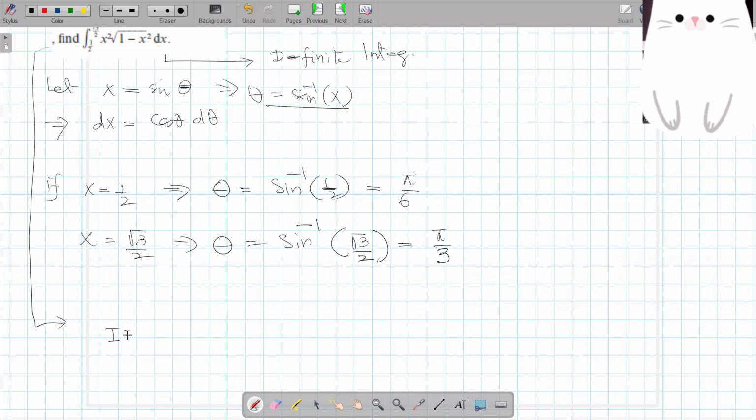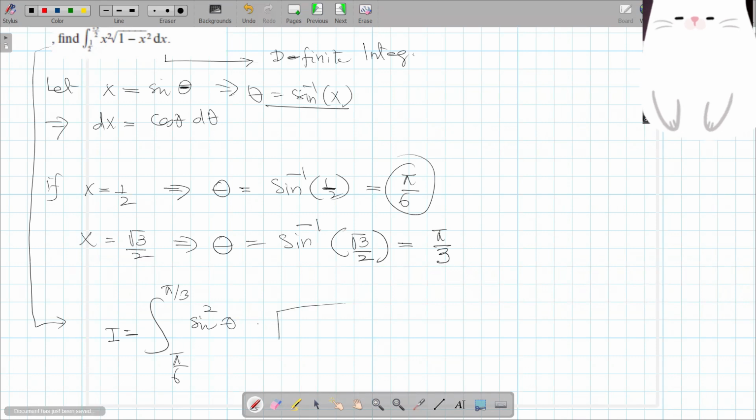So let's apply all these substitutions. The lower limit will be pi by 6 and the upper limit will be pi by 3. x is equal to sine theta, so we will have sine squared theta here.